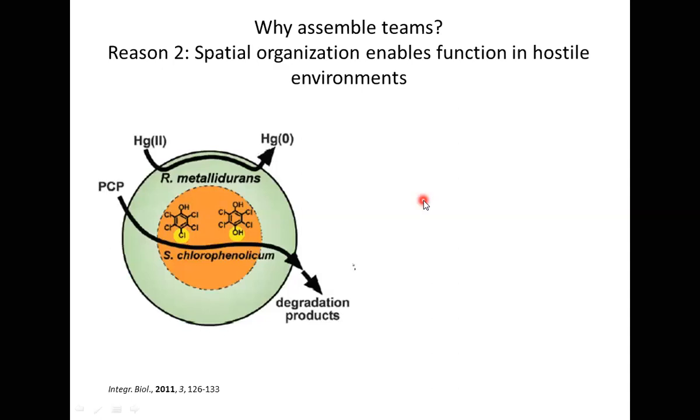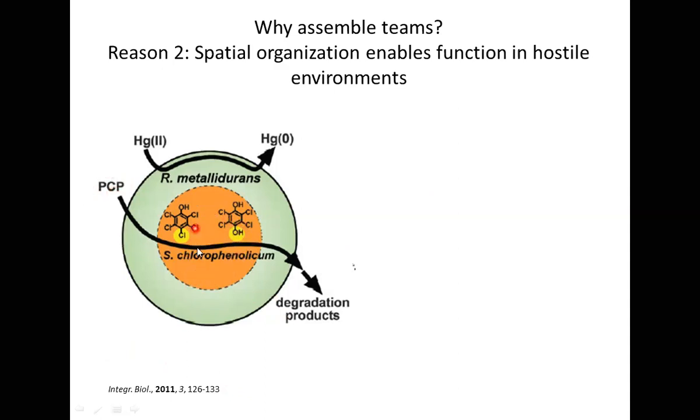A second reason for spatial organization has to do with enabling function in hostile environments. So we're looking at an example of spatial organization that's about 10 years old. It's from the group of Rustam Ismagilov. And what they were doing is looking at this environmental pollutant pentachlorophenol, or PCP.